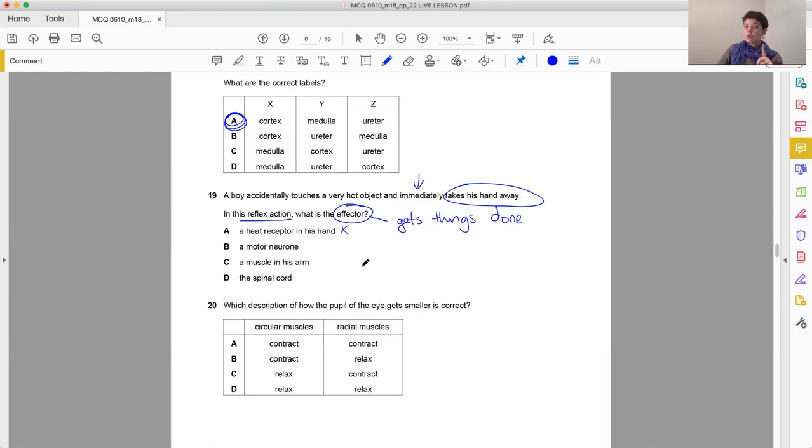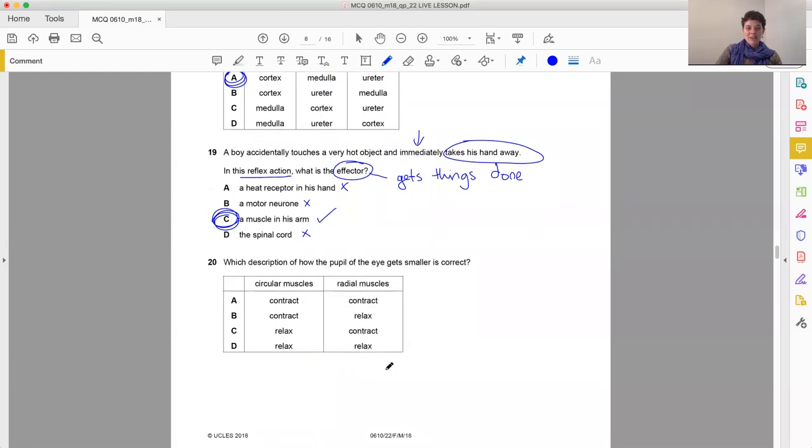The motor neuron told the effector to do the job. It did not do the job itself. A muscle in his arm, that would move his hand. The spinal cord? No. So definitely the effector, the thing that caused the movement, was the muscle in the arm.